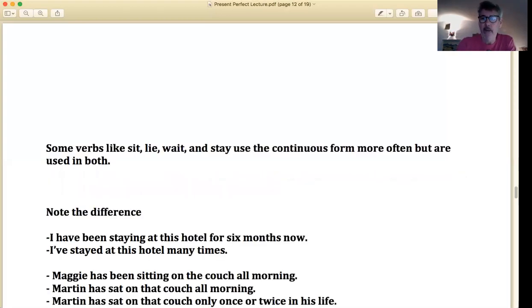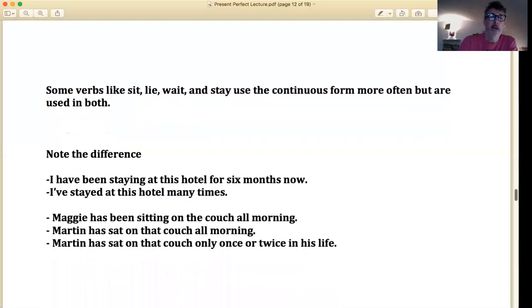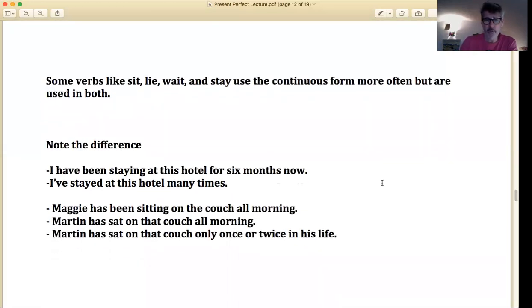Now, here we have a couple of other things which I just want to bring to your attention, and this talks to the same idea. Some verbs, we have some examples here, and Vince gives some examples as well. We have sit and lie and wait and stay. They use the continuous form more often.